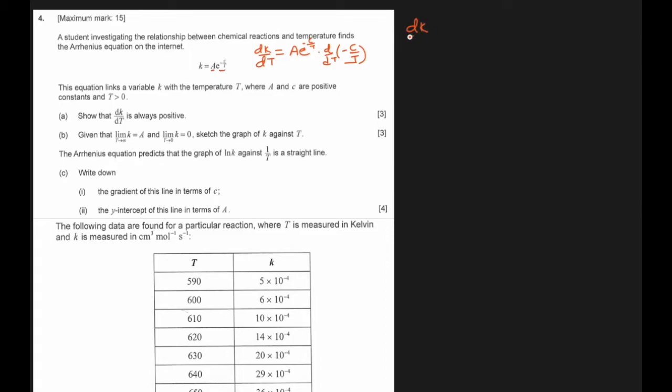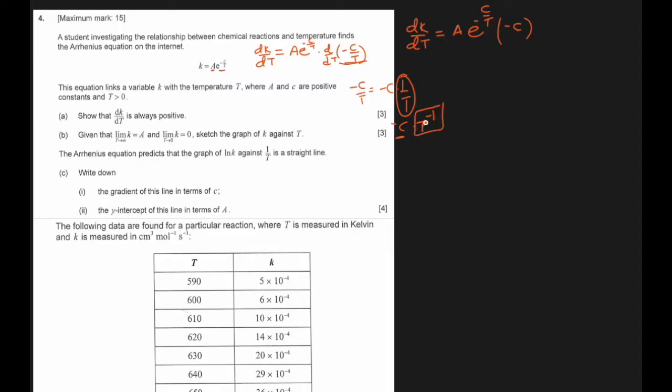dk over dt is a e to the power minus c over t, and now the differentiation of minus c over t. Again, minus c is a constant, so it will remain minus c. Remaining is 1 over t. This minus c over t can be written as minus c times 1 over t, and 1 over t can be written as t to the power minus 1, isn't it? Minus c I have already copied, I have to differentiate this.